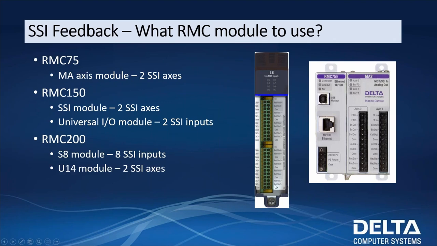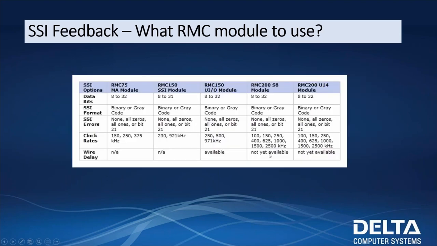Now, you probably remember this from a few slides back when we were talking about MDT. That's because we set it up so that our modules can work for SSI or MDT in most cases, definitely with the RMC75 and the RMC200. So here's a little bit more information about what module you might want to use.